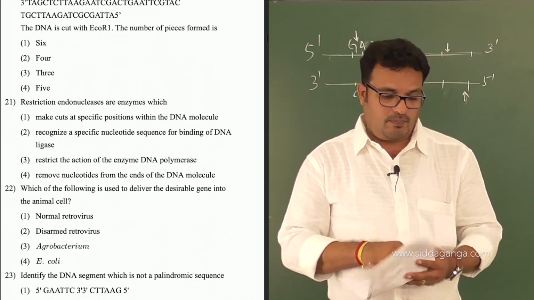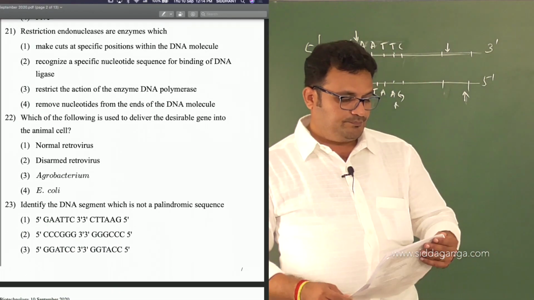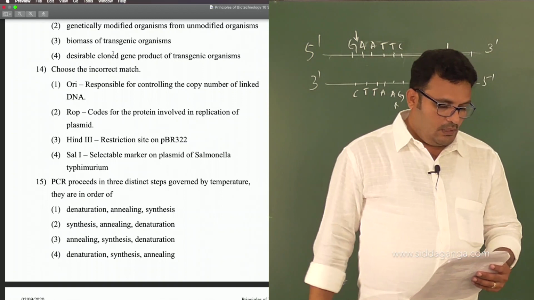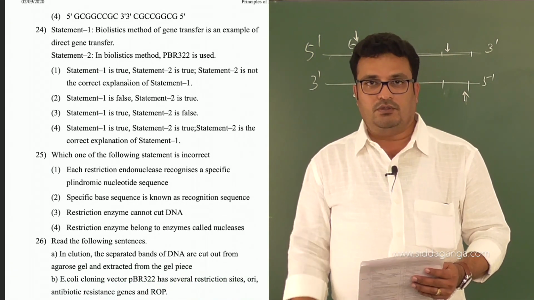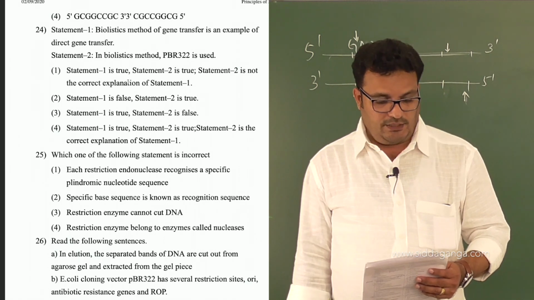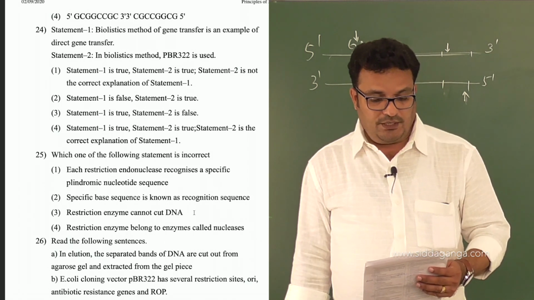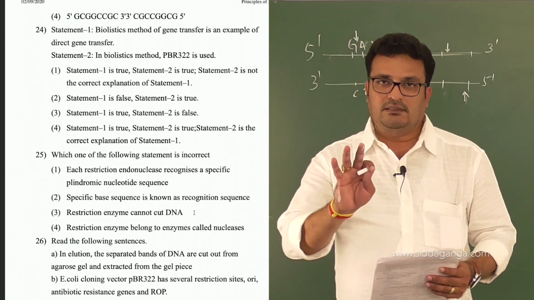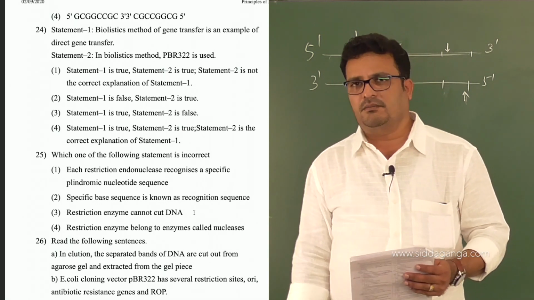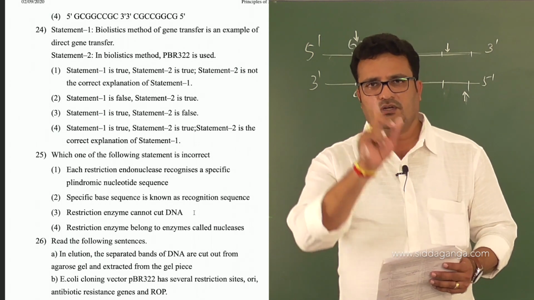Next, question number 24. Statement 1 is given. Biolistics, I just told you, that is the gene gun method, right? Biolistics method of gene transfer is an example of direct gene transfer. Yes, it is. One is microinjection and the second one is biolistics.